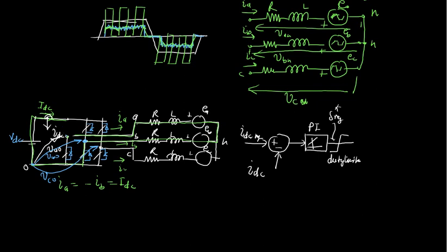This current will start freewheeling through this body diode. So when the upper switch is off, the body diode of the lower switch conducts. When the lower switch is off, the body diode of the upper switch conducts. This is a way of parking, but we don't worry about these things.